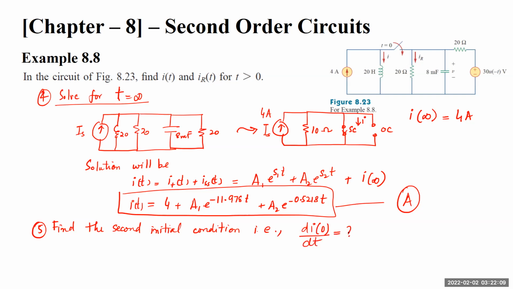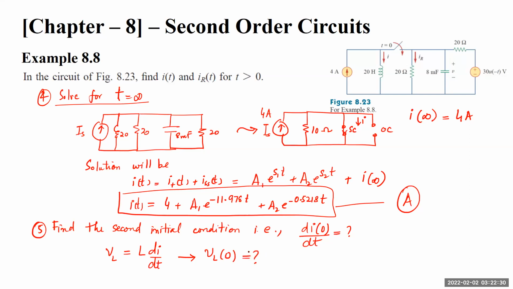This is what we have to find out. Now we know that VL equals L times di by dt. And what is the value of VL at 0? This we have to determine.